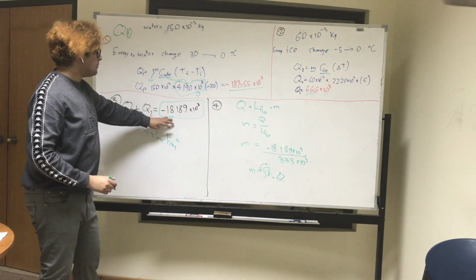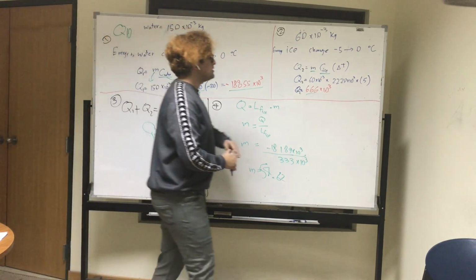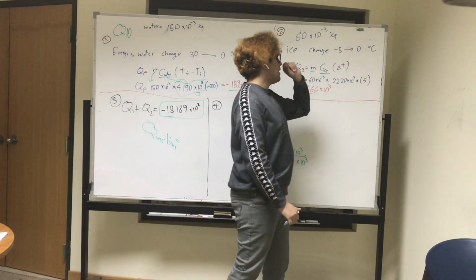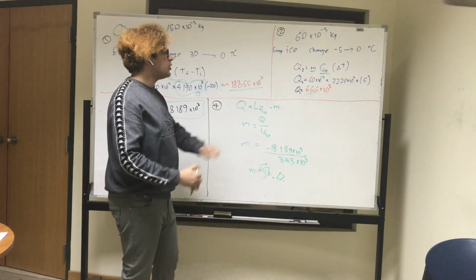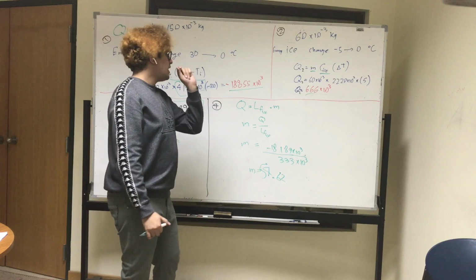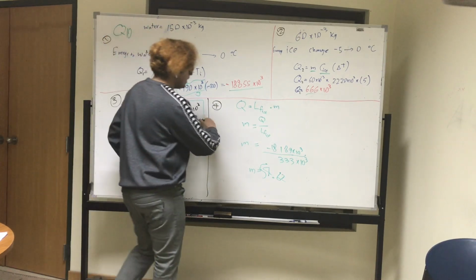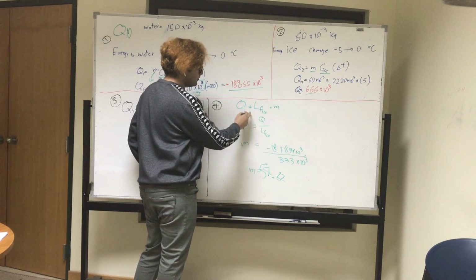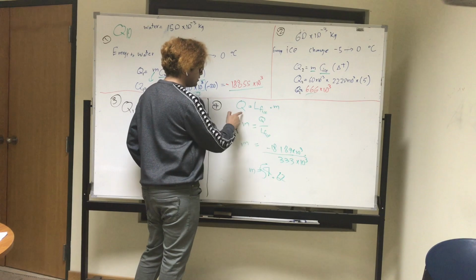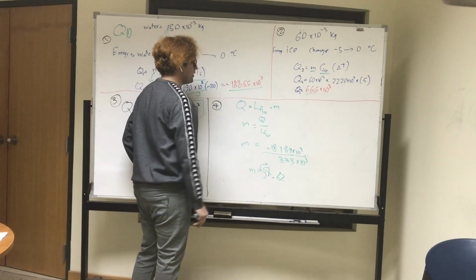This energy is the energy that is going to be used when the ice is at 0 degrees Celsius. It's the energy that actually melts the ice, because we know ice does not melt at negative 5. We know that the latent heat of fusion times the mass of the ice gives you the amount of energy we need to melt some amount of ice.